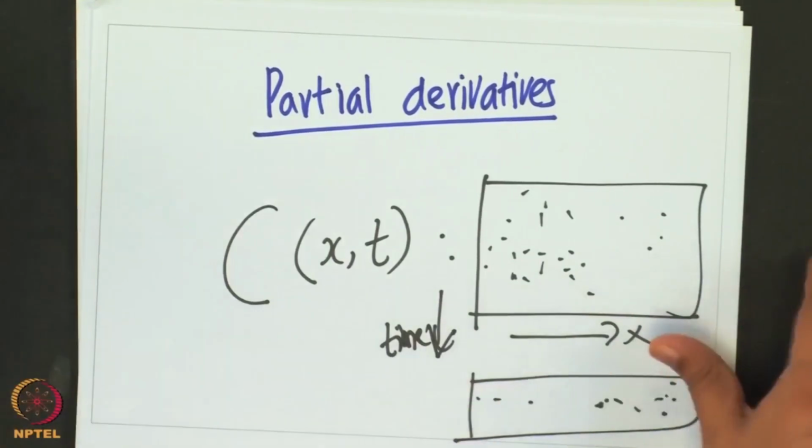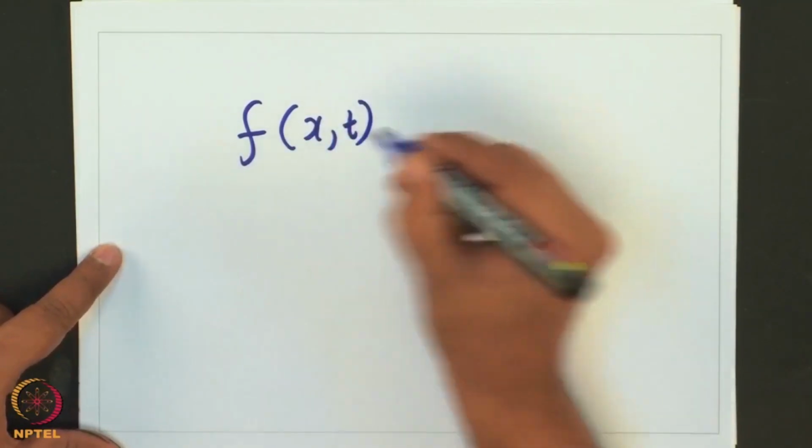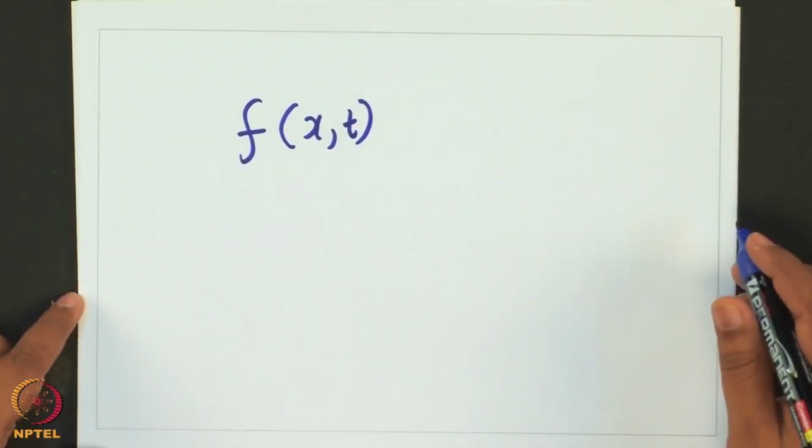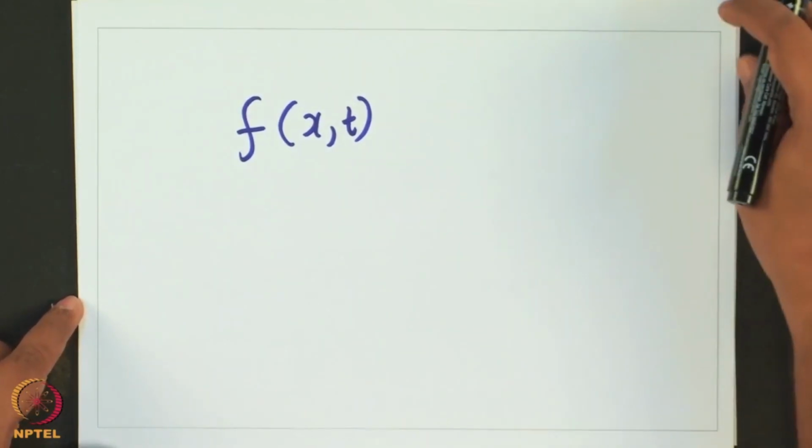So whenever you have some function, let it be concentration or anything you want, which is a function of two things, x and t, very often you would want to take the derivative only with respect to one of them. You want to keep time constant and decide how it is changing in space.